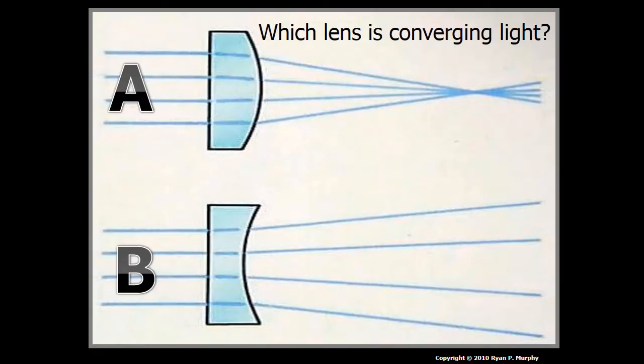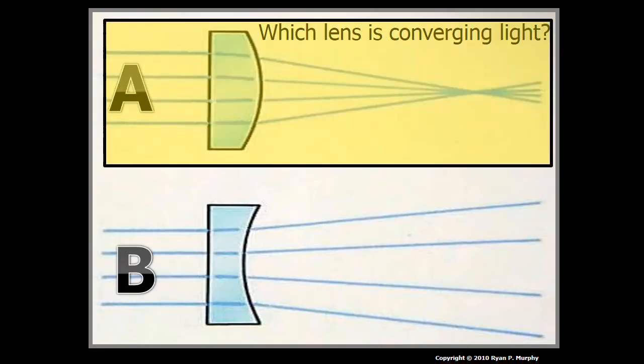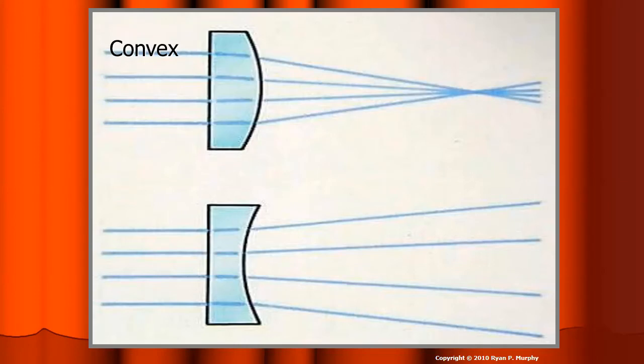So, which one's converging? That one, and that one is convex. This one is concave. That one is converging, and that one is diverging. So, draw that picture there. You might want to pause the video now and draw all of that stuff.